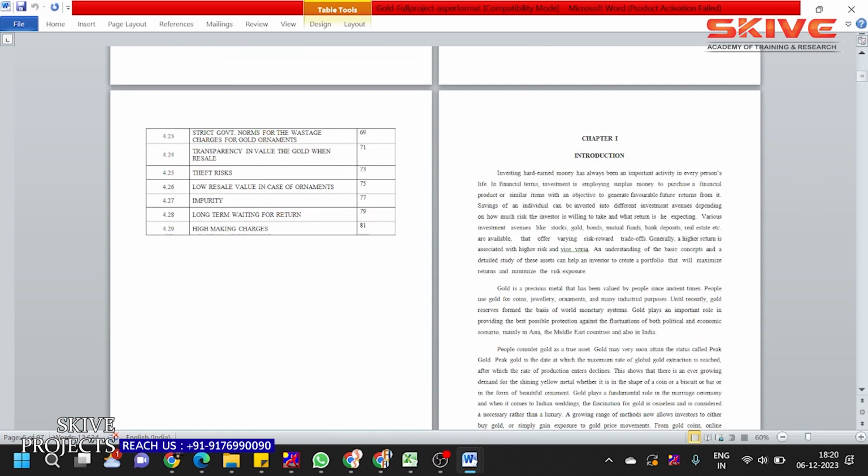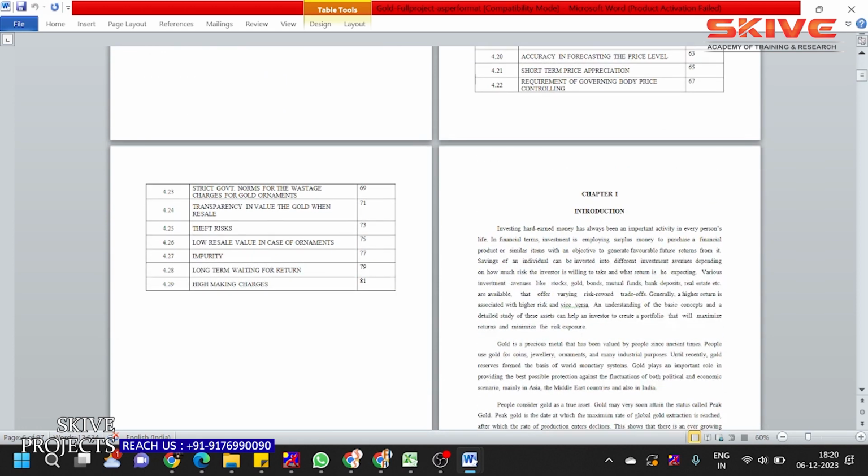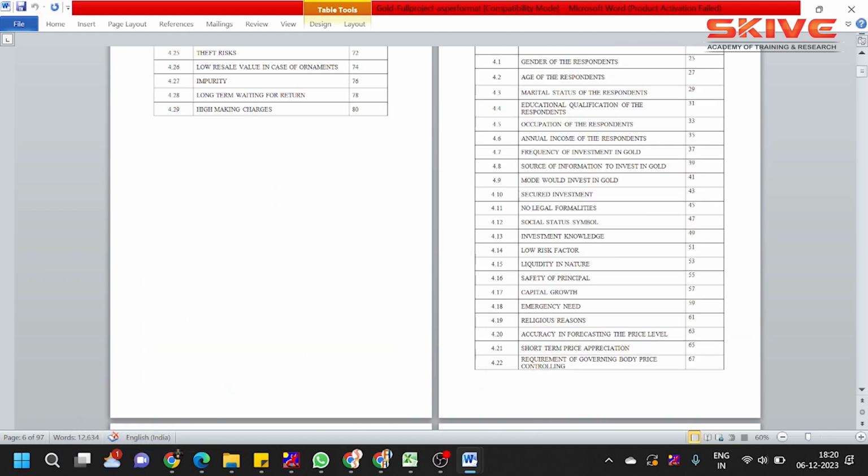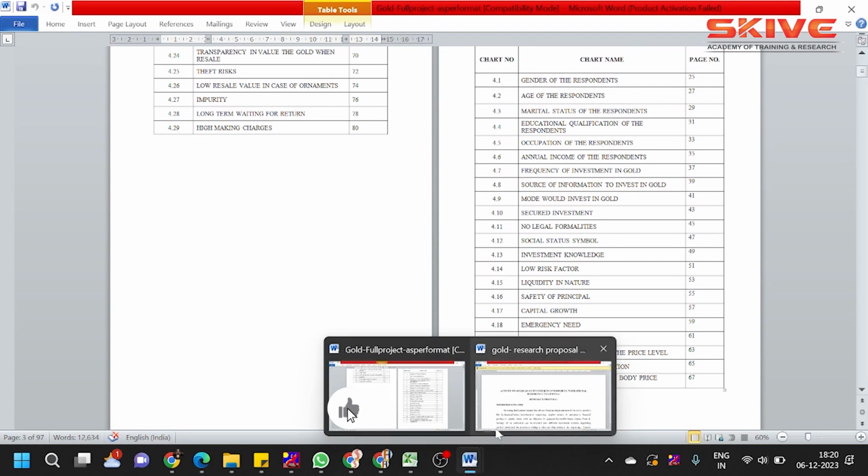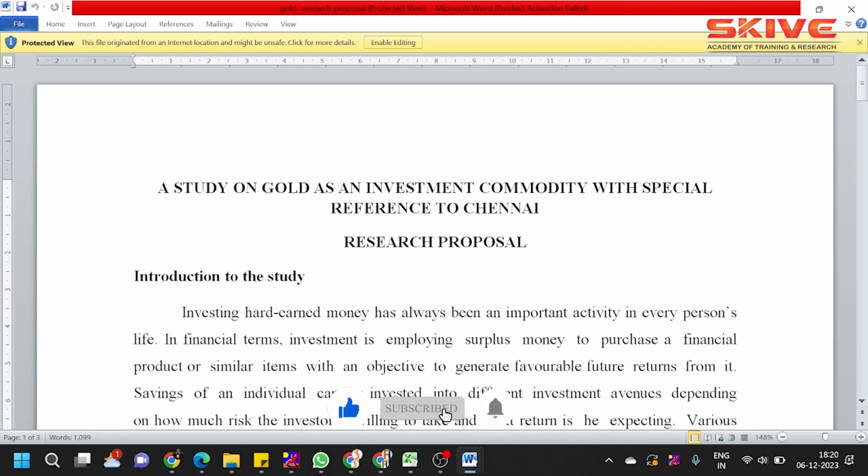Chapter 1 starts with the introduction part. Basically it's a finance based project, and we are covering the topic of gold as an investment commodity with special reference to Chennai.